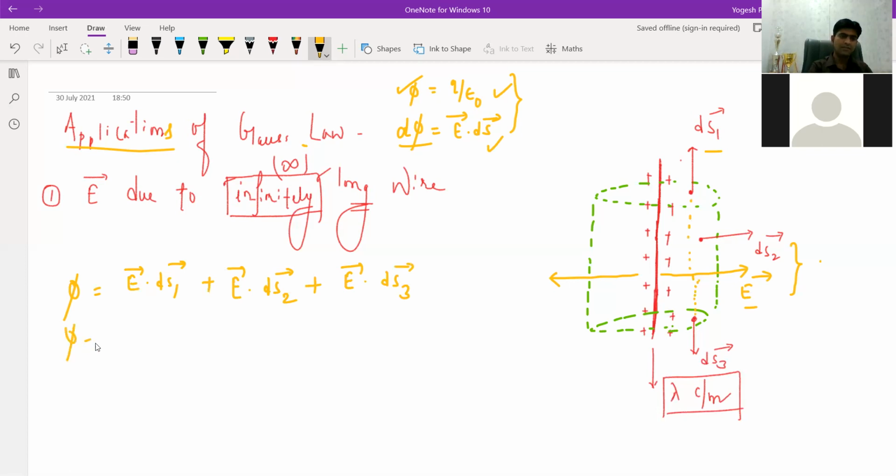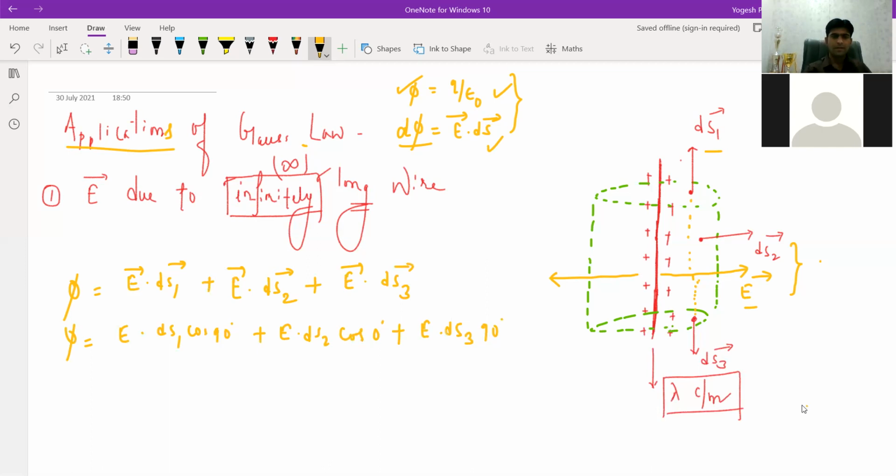And in this we can write flux is equal to E dot ds1 cos 90 plus E dot ds2 cos 0 plus E dot ds3 cos 90. Is it correct? Yes, sir.